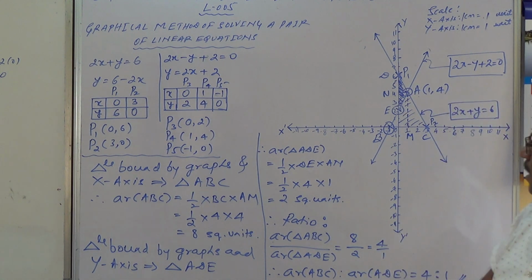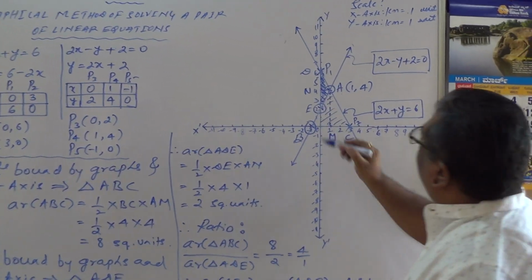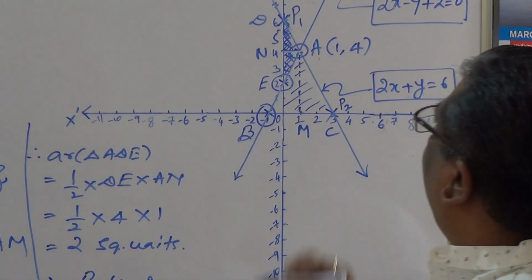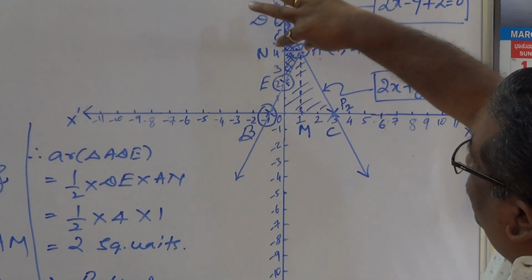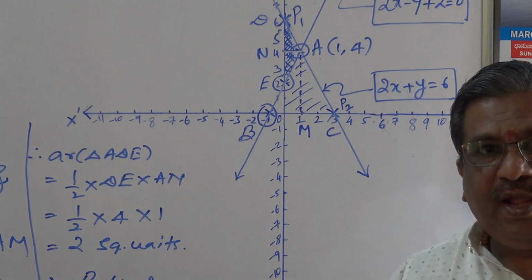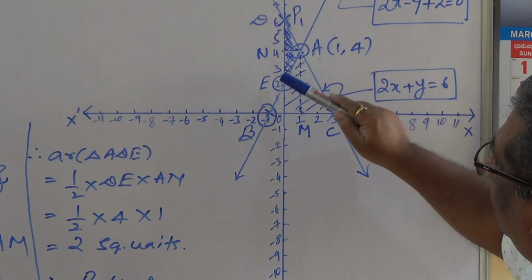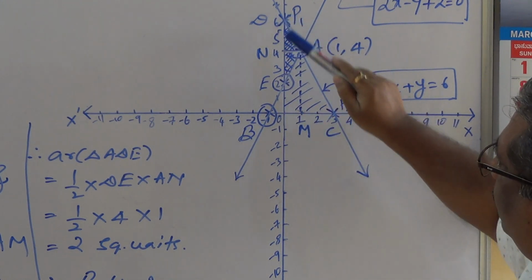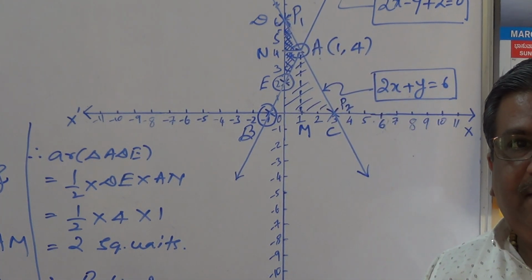Is it clear? Now, next the smaller triangle ADE. In this, the altitude is this one. Coordinates are 1, 4. So from here to here, this is 1 unit. So what about DE? The distance DE: from here to here 6 units, from here to here 2 units. 6 minus 2, 4 units is the distance of DE.